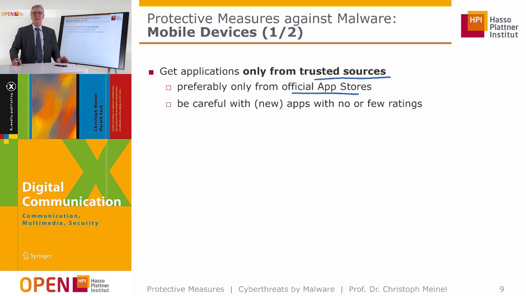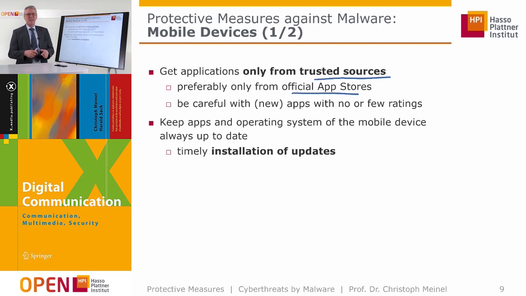Be careful when you install a new app which has no ratings or only a few ratings. Be careful, because this all provides an entrance to your system. Installing such an app means you may also install hidden malware inside the application.